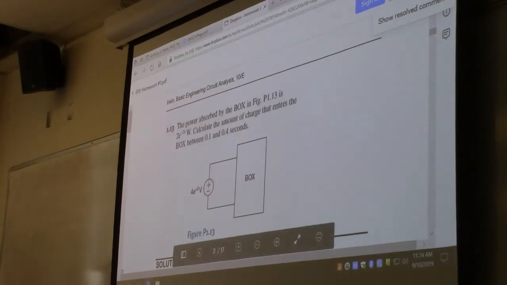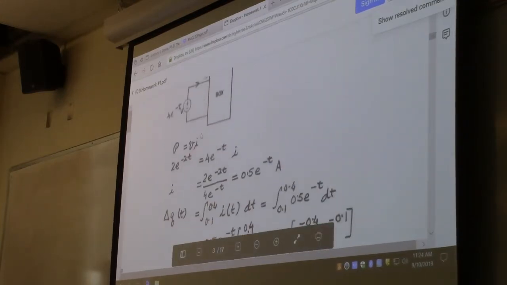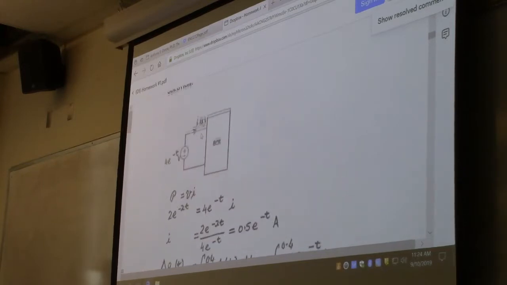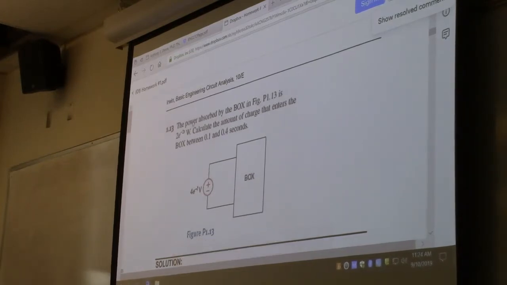So the power absorbed by the box here is 2e^(-2t) watts. Calculate the amount of charge that enters the box between 0 and 4 seconds. So we know that power, there's a couple relationships we know here. I'll write them down.